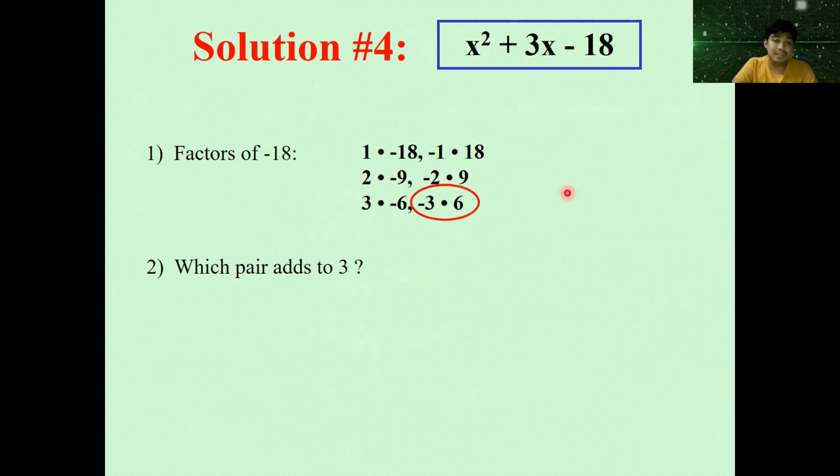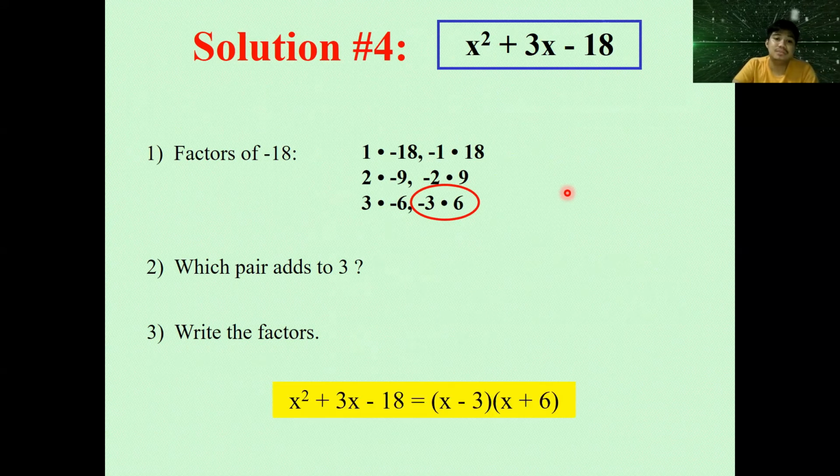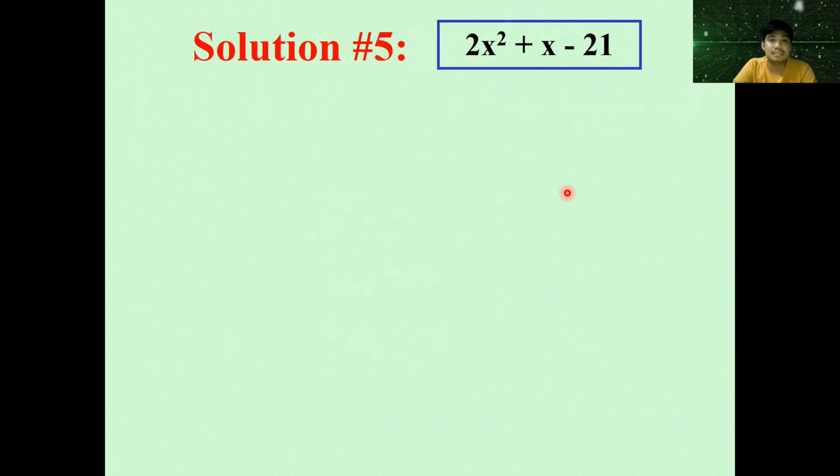So we know we have negative 3 and 6. Since nahanap na natin yung dalawa, we're going to write the factors. So the factors of x squared plus 3x minus 18 are x minus 3 and x plus 6. Or the factored form of that given is x minus 3 and x plus 6.